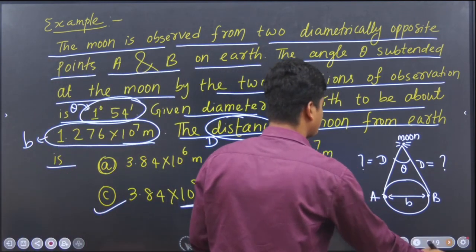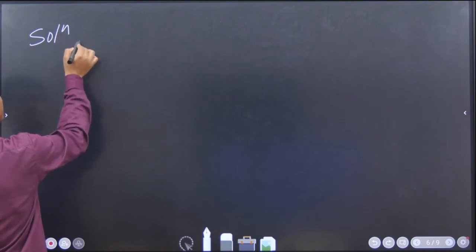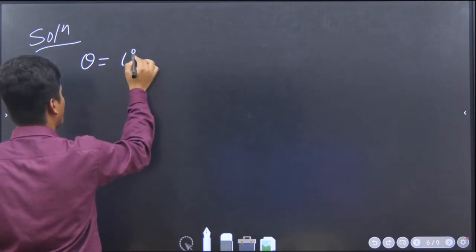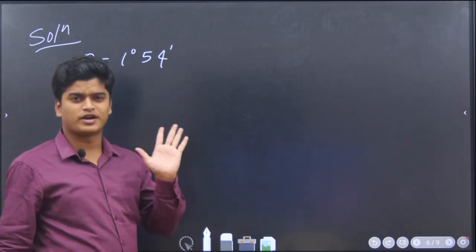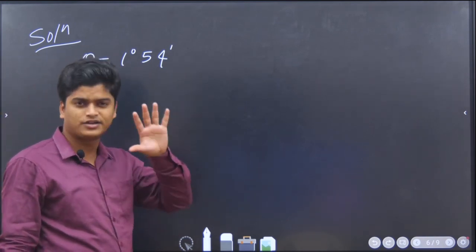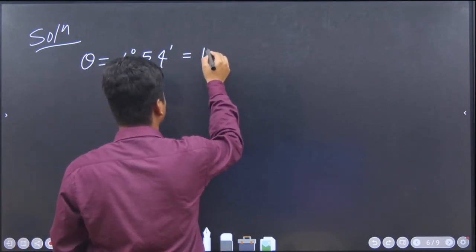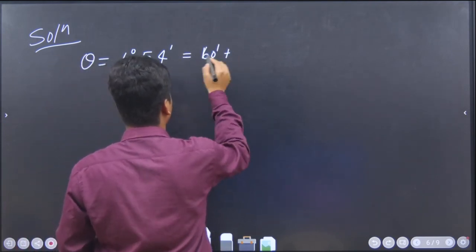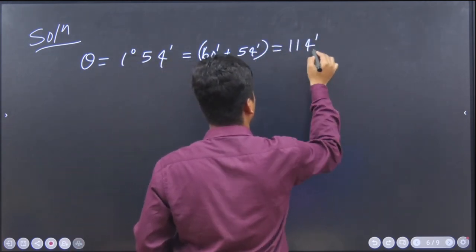Now, if I want to write the solution for that question, my theta is given as 1 degree 54 minute. And remember, I do not need degree and minute, I need to convert to radian. So 1 degree is nothing but 60 minute, and 54 minute is 54 minute, so in total it is 114 minute.